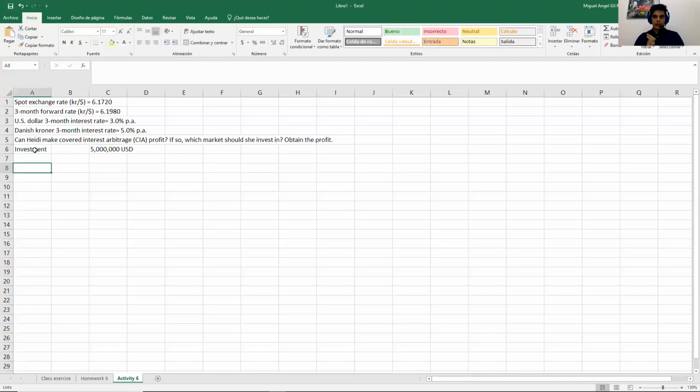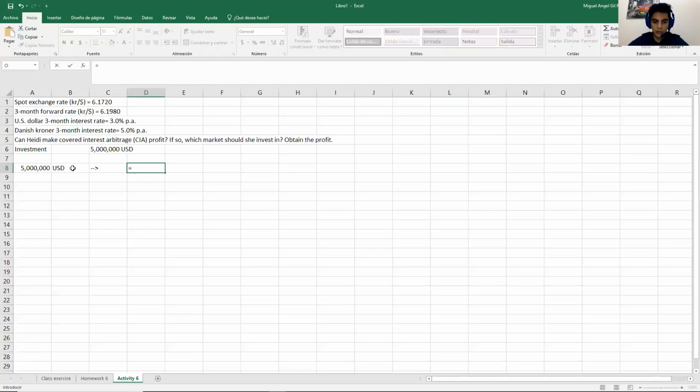So let's begin. The first step, as always, is to write down the initial investment. So we know that we start in the US with $5 million. And as always, the first thing you need to do is to simulate the future value of your investment if you stay in the US.